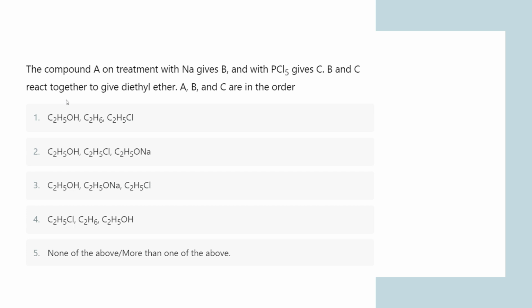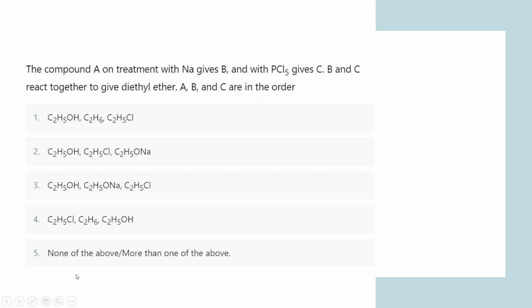so the next question is: the compound A on treatment with sodium gives B, and with PCl5 gives C. B and C react together to give diethyl ether. So, A, B, and C are in the order.